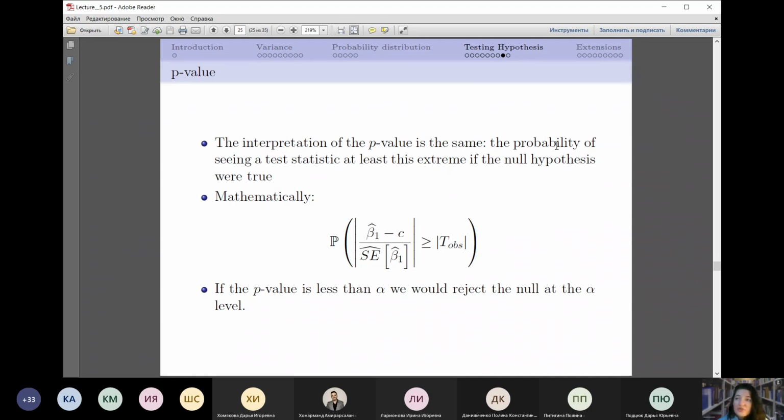So you should carefully state your conclusions, because every time you should remember that there exists maybe a very, very small, but anyway some, chance that the null hypothesis was correct, but you reject it.